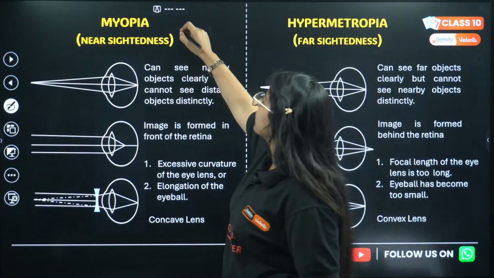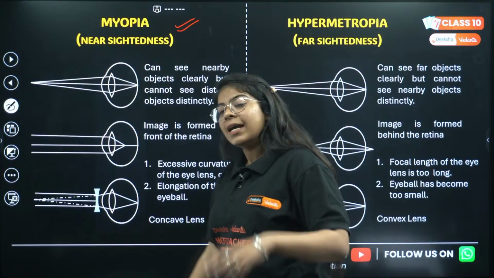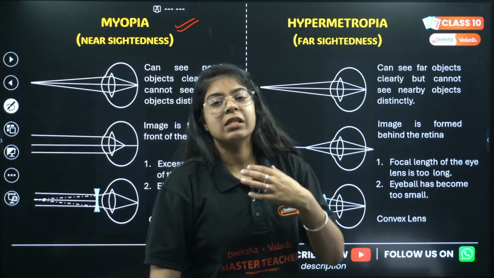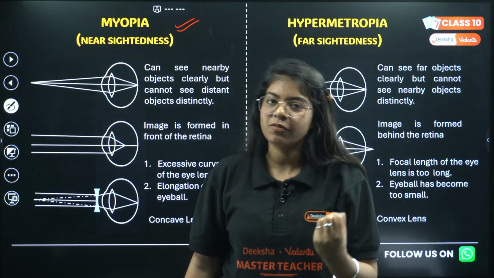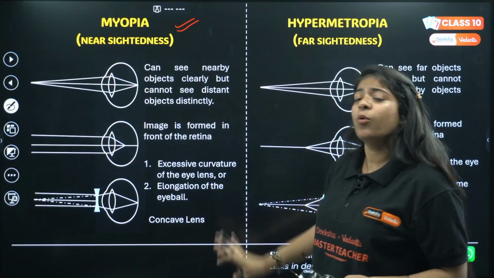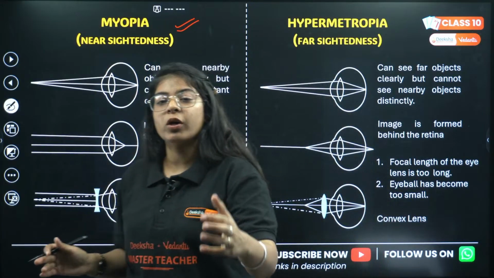The first defect we are going to study is myopia, which is also called nearsightedness, which means I cannot see far away objects clearly, but I can see near objects very clearly. Like without this chashma, I can definitely see the board clearly, but I cannot see 100 or 200 meters away.